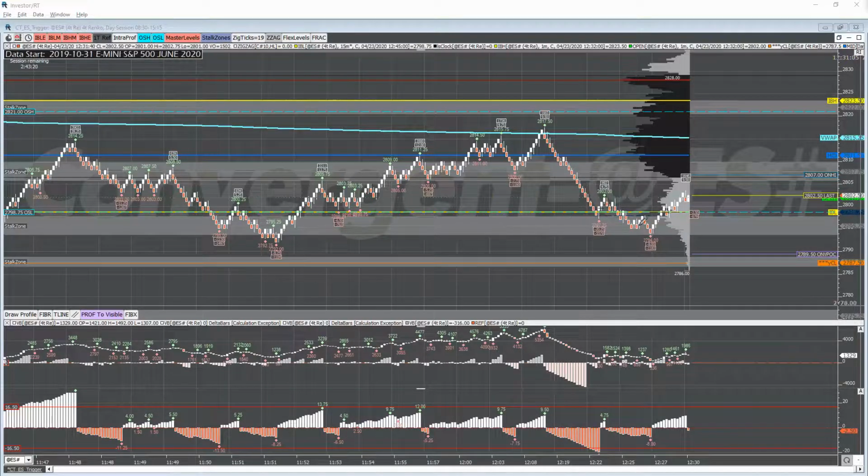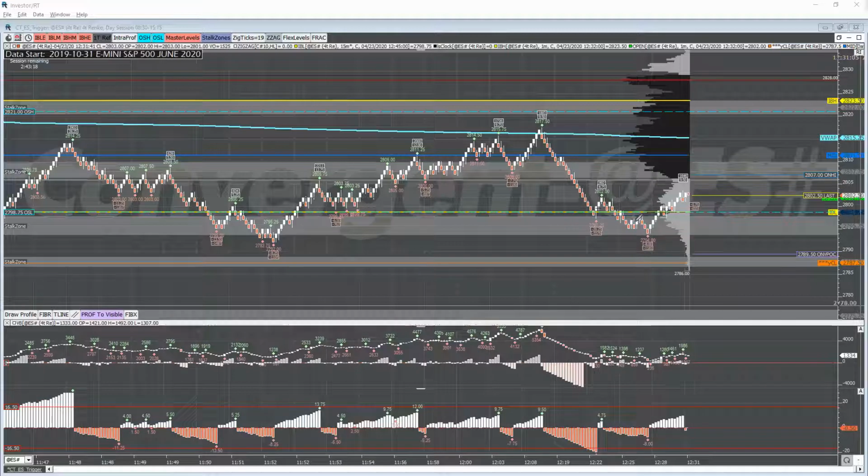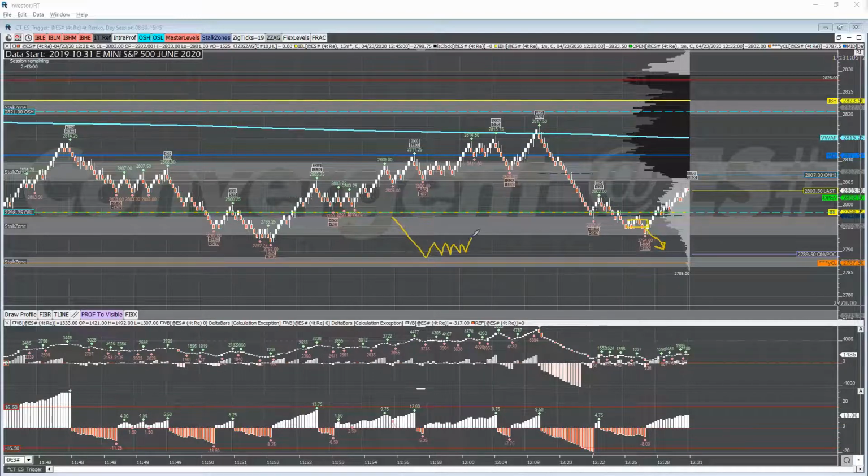Here's the thing. I don't sit here and look for a zipper to form and then catch the breakout to the downside. The reason is you get a lot of false breakouts. I'll give you an example. You have a market that drops, you have a zipper consolidation that forms, and then you have a break to the top side a lot of times.